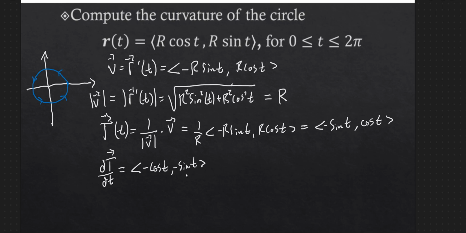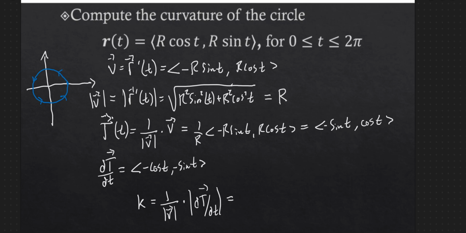So we don't get quite minus r. So there's dT/dt. And then remember that curvature, kappa, is not just dT/dt, but 1 over v times the magnitude of dT/dt.